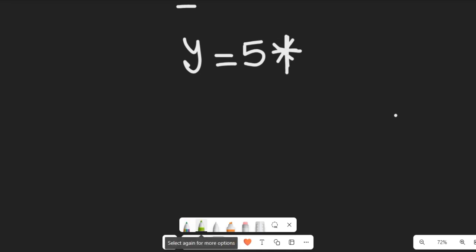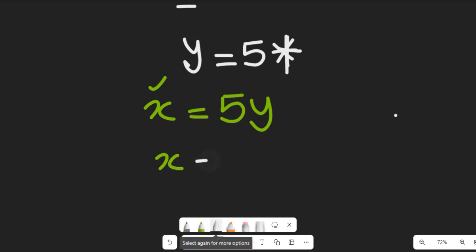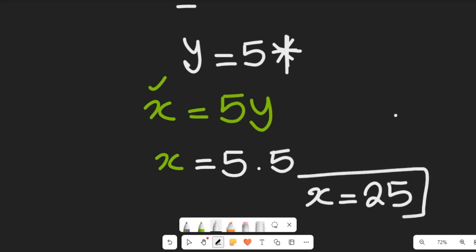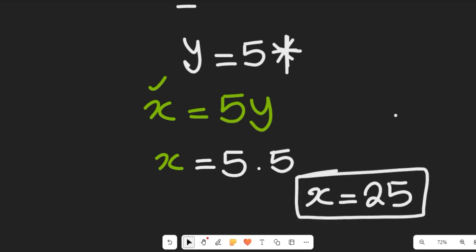We're absolutely looking for the value of x. So the value of our x will be equal to 5 multiplied by y, which is 5. So the value of our x will be equal to 25. And that is the solution to that expression.